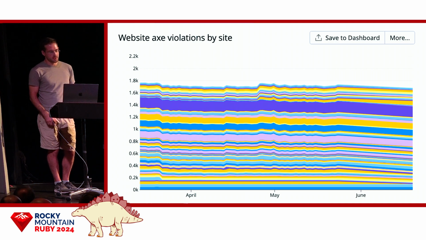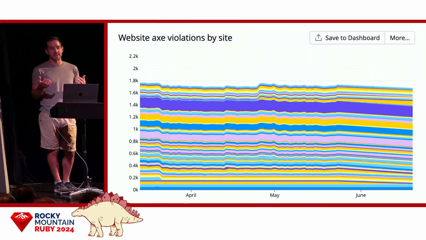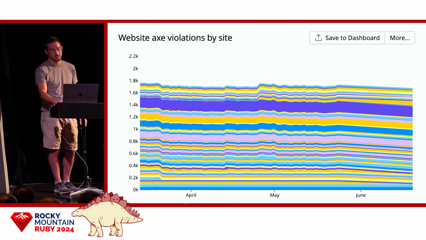And all these errors, all 1,800 of them, represent potential roadblocks for our customers. If they're using assistive technologies, those are all places where they might struggle to accomplish the goal that, say, a sighted user would want to accomplish.